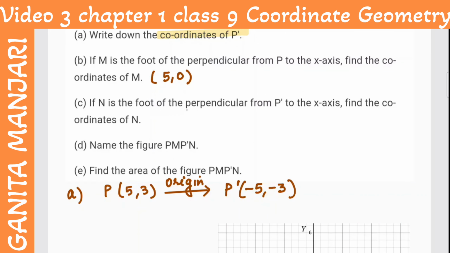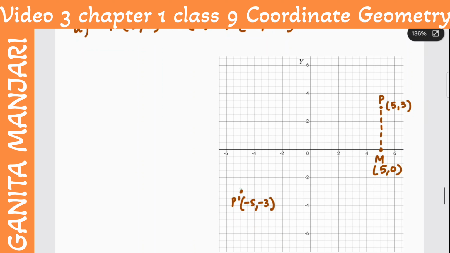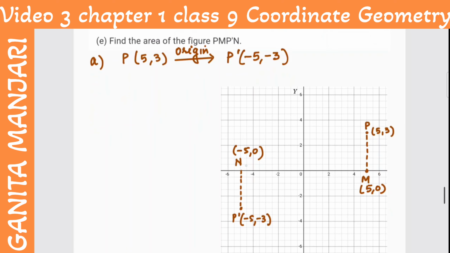N is the foot of perpendicular from P dash to the x-axis. So we have to find the coordinates of N. So we draw a vertical on the x-axis. It is N. So what is N? N is -5, 0. Now name the figure PMP dash N. So let us join.